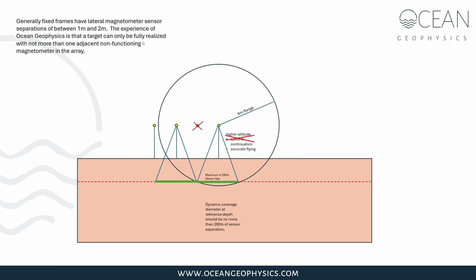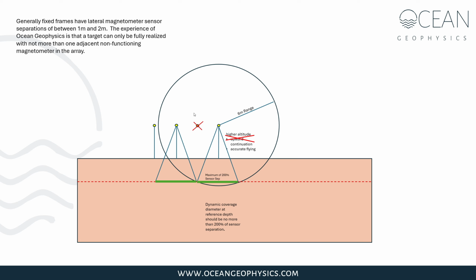Generally, fixed frames have lateral magnetometer sensor separations of between 1 meter and 2 meters. The experience of Ocean Geophysics is that a target can only be fully realized with not more than one adjacent non-functioning magnetometer in the array. So that means you can lose a magnetometer: you can delete it, it's bad, its quality is terrible, it has an electrical fault. You can take it out.